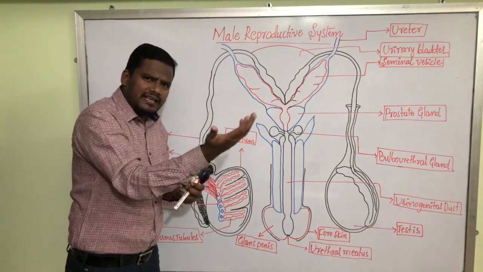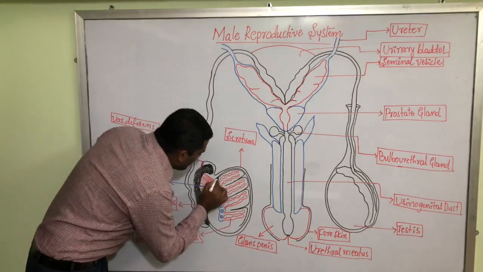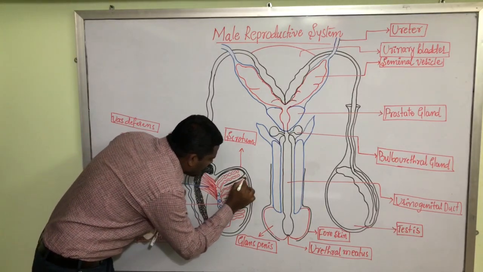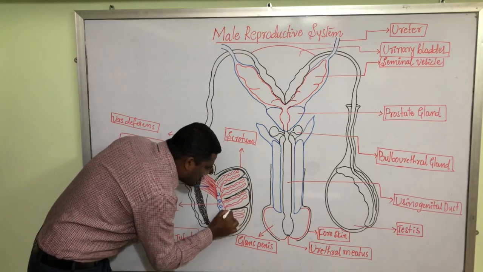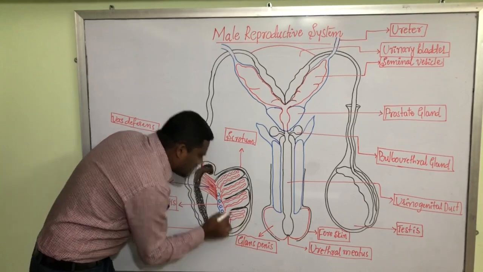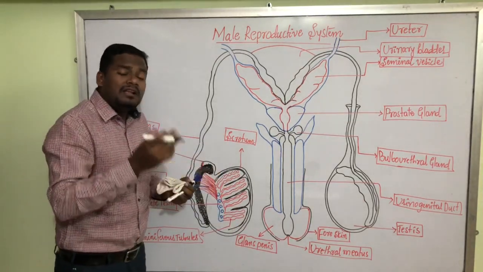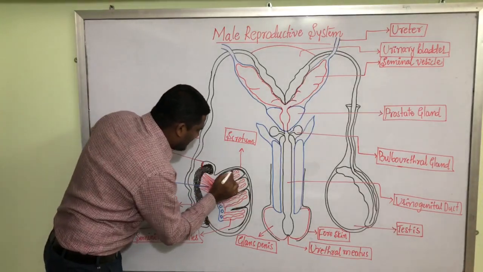Tunica albugina is the innermost layer. That innermost layer has certain foldings like this. They are the inner foldings of the tunica albugina. As a result of that, certain compartments, chambers and lobules are formed.